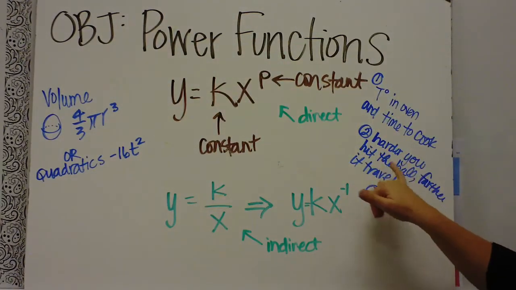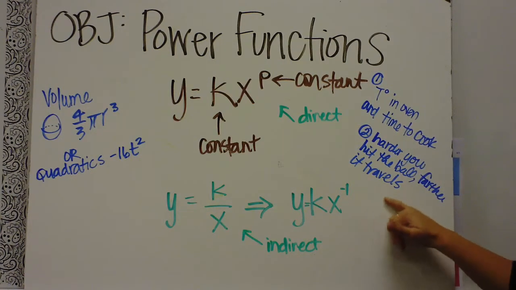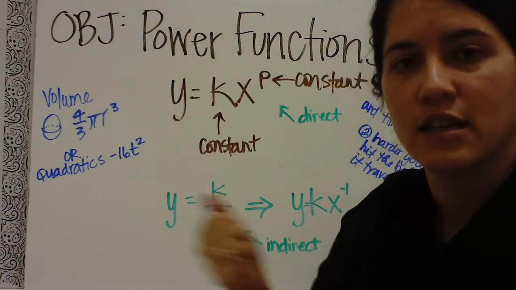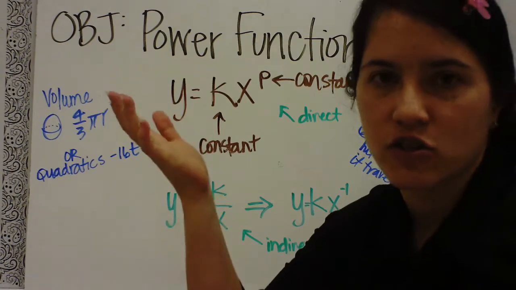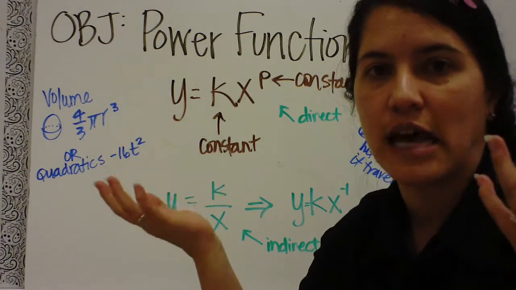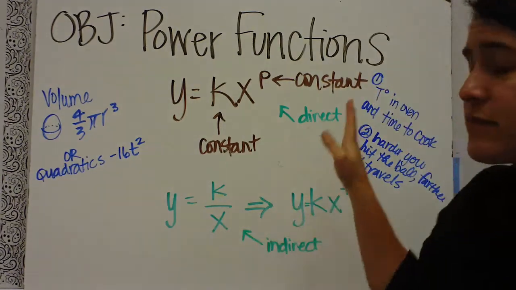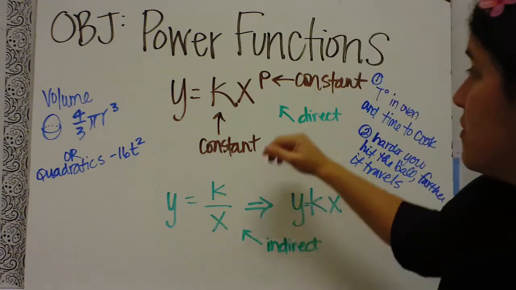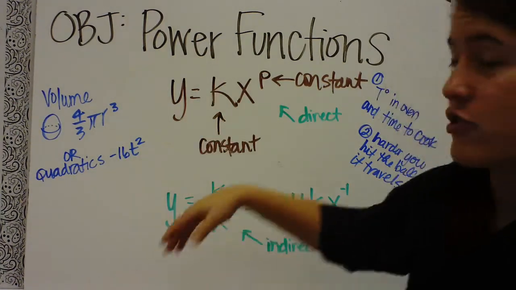Now take the harder you hit a baseball and the distance it travels. If you hit the baseball really, really hard, then it's going to travel farther. So the increase in strength and the increase in distance would be direct, meaning they both are increasing. When you see word problems, you're going to have to decide whether it's direct or indirect, and then what kind of power function you would use.